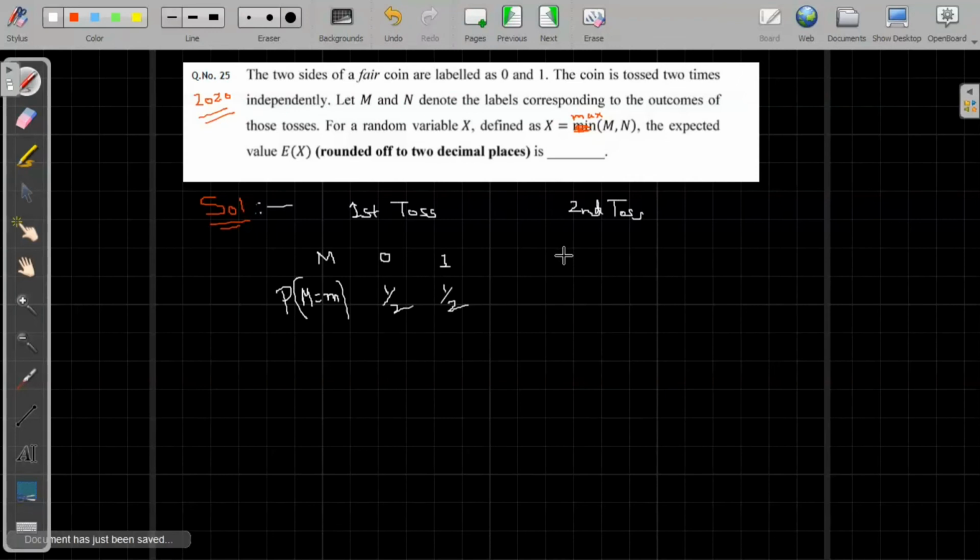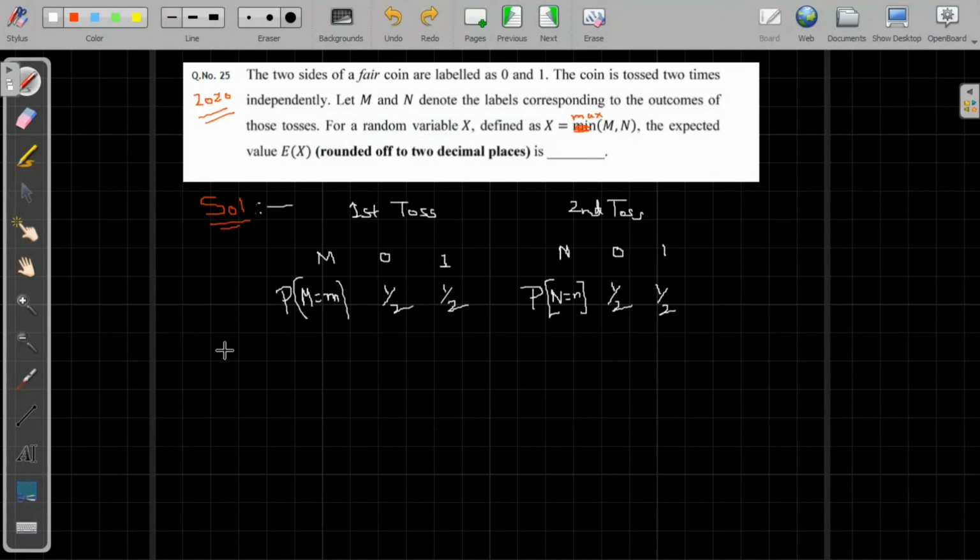Similarly, for the second toss, the random variable is N, and the corresponding outputs are 0 and 1, and the probability that capital N is equal to some sample value small n is 1 by 2 and 1 by 2.